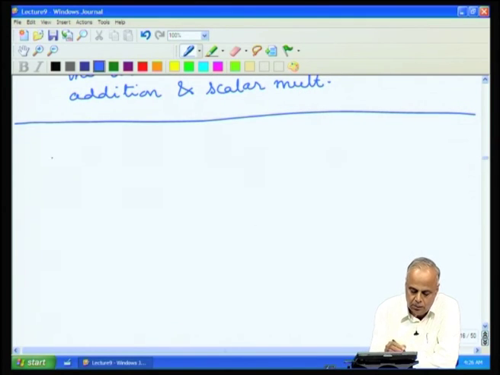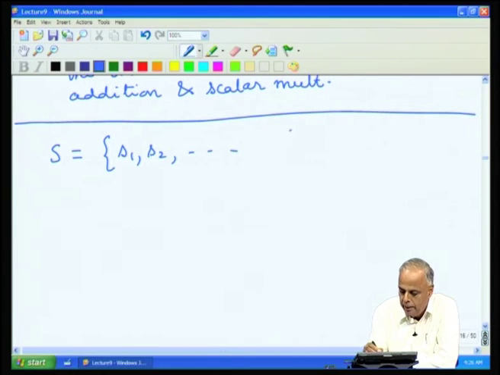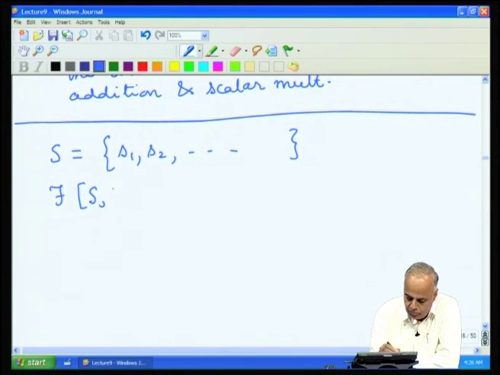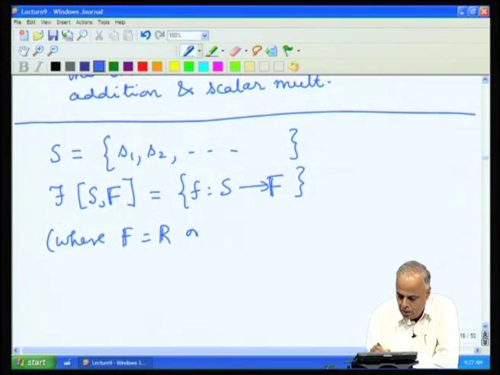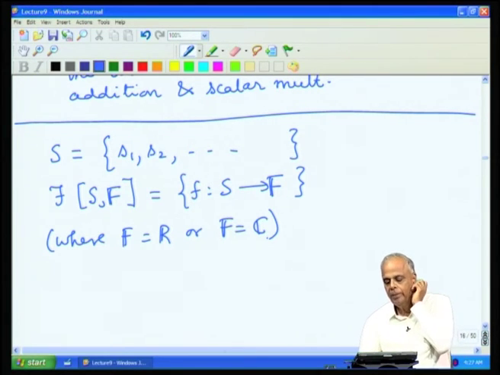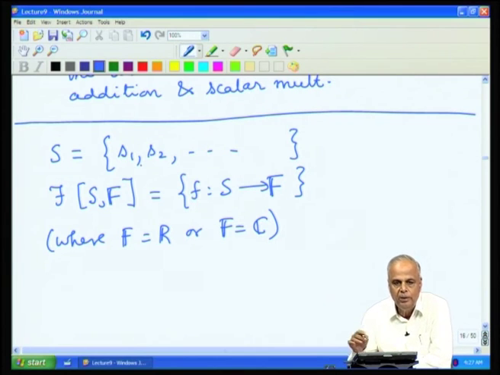Now, let us look at the situation where we have S to be an infinite sequence s1, s2, s3, and then let us look at F(S, R). F(S, R) is the set of all functions from S to R or C. So, in order to keep both options available for us, let us now write F, where F is equal to R or F is equal to C. So, either we consider real valued functions on S or complex valued functions on S, where S is an infinite sequence of points s1, s2, s3, an infinite set, but it is a sequence.